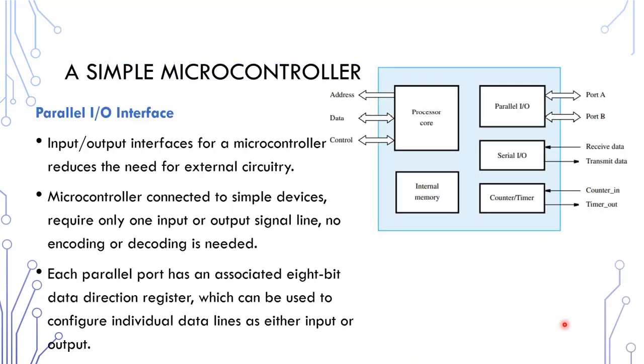Let's look into the parallel input-output interface of a simple microcontroller. Embedded system applications require considerable flexibility in input-output interfaces. Consider the example of a microwave oven. It has many I/O interfaces. A sensor is needed to generate a signal with the value 1 when the door of the oven is open.